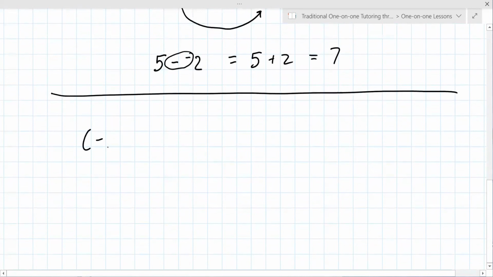So let's say I give you the ordered pairs (-1, -2) and (4, 6).